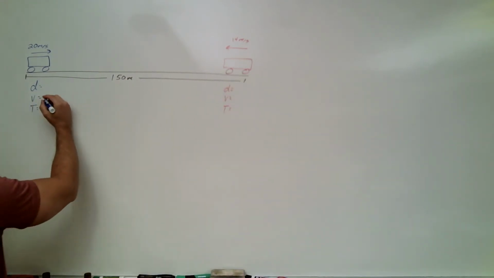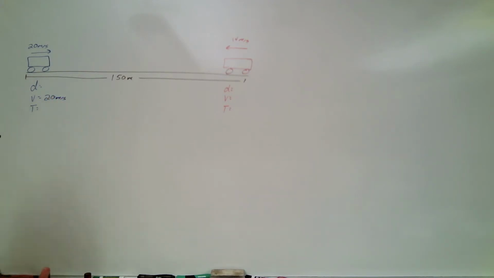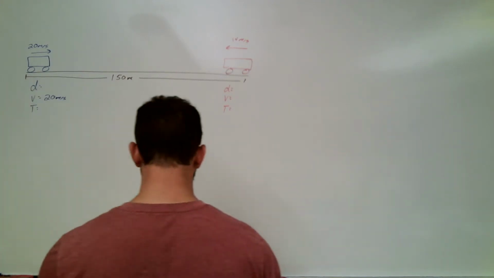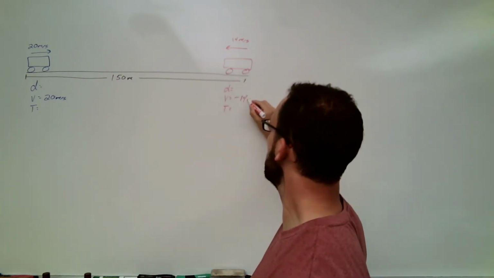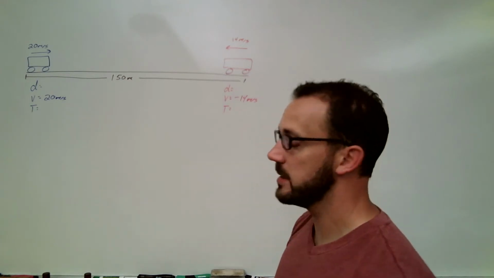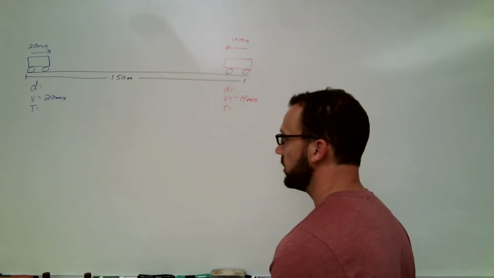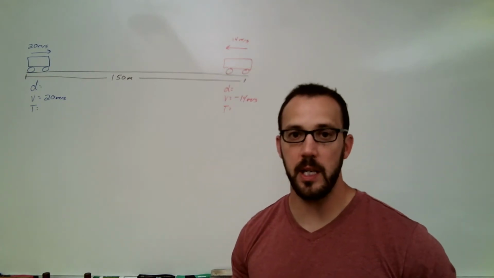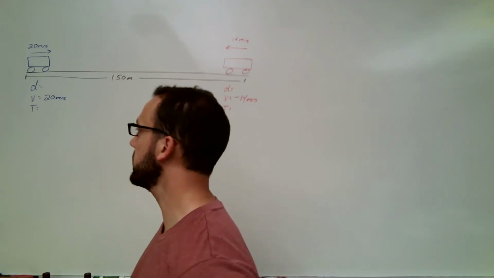The velocity for the blue car is a positive 20 meters per second because it's going to the right. The red car has a velocity that is negative 14 meters per second, and it's negative because this car is moving to the left. We're going to write an equation for each car, and it's going to be D equals V times T because it's the only equation we have for constant velocity motion.